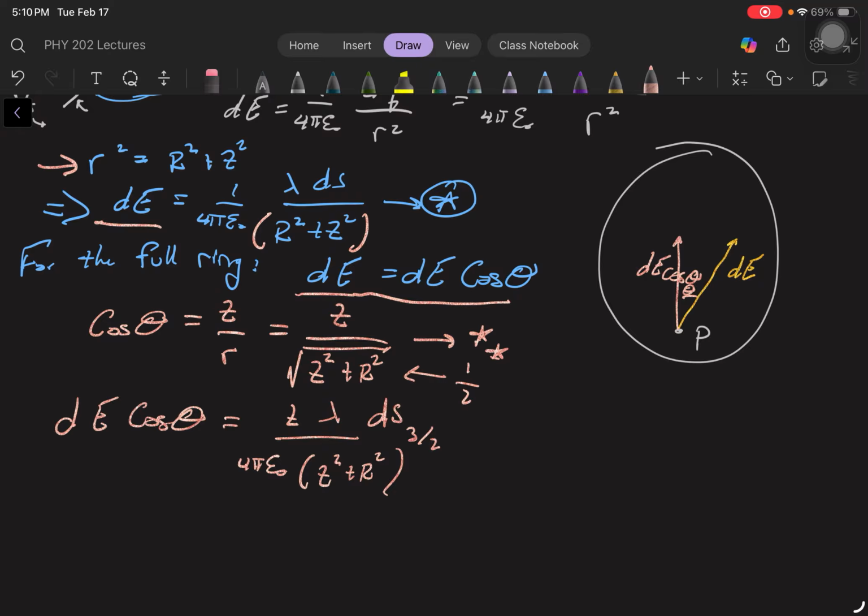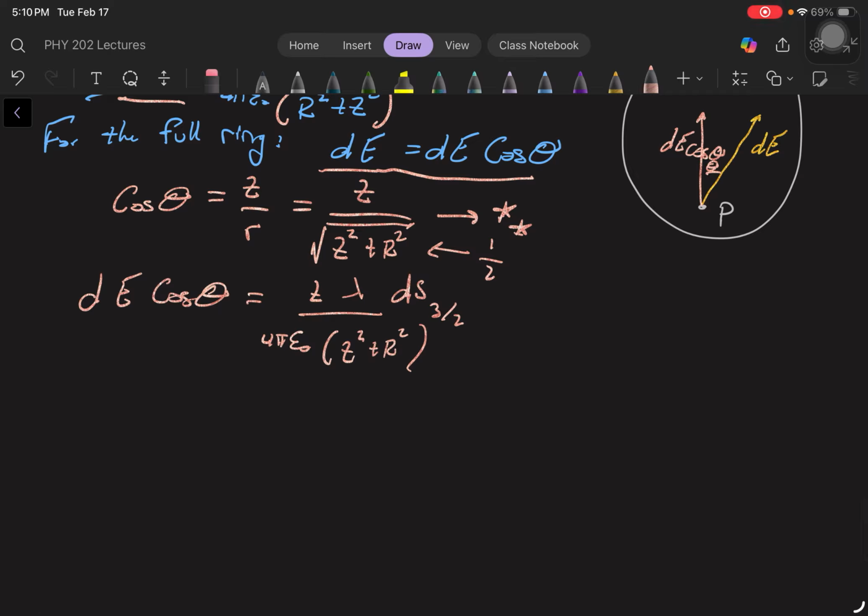And so then what we're going to do is say the electric field is equal to the integral of dE cosine theta. Basically, we just integrate both sides of this.